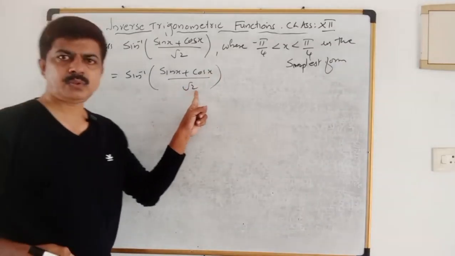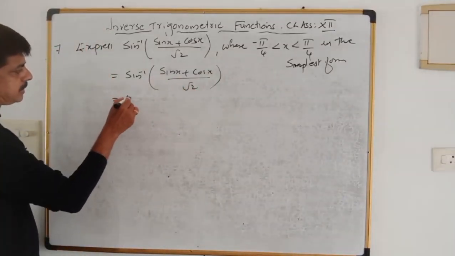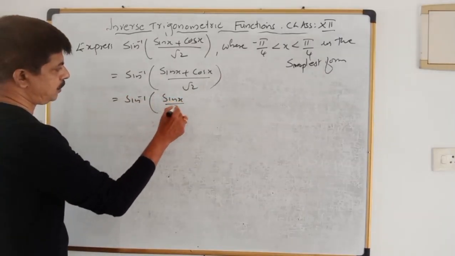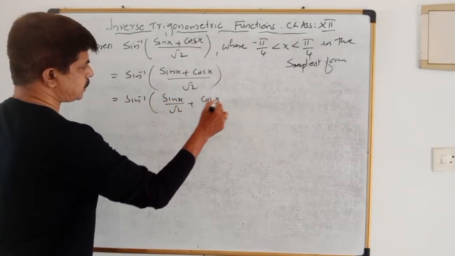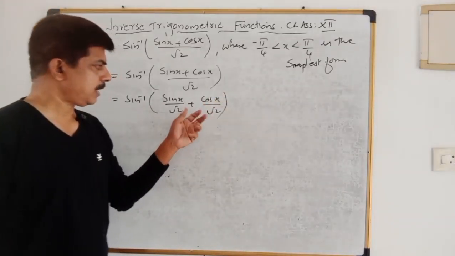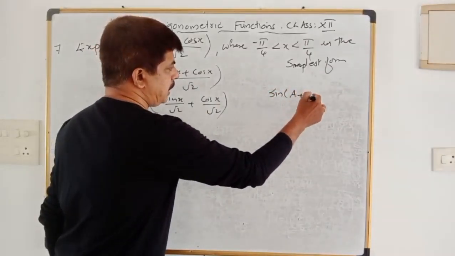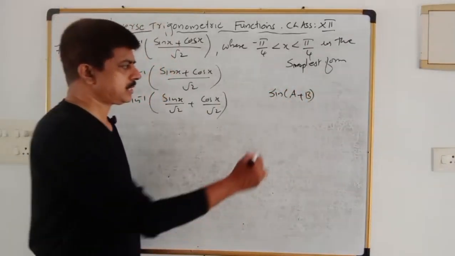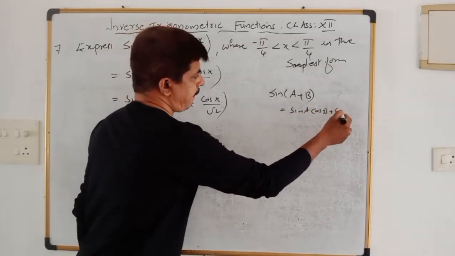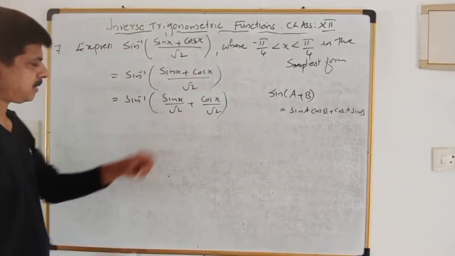As we have root 2 common for both the terms in the numerator, I will write sin x by root 2 plus cos x by root 2. To simplify this expression, we are going to apply the sin A plus B formula. What is the sin A plus B formula? Sin A cos B plus cos A sin B. Like that we can express the bracket terms.